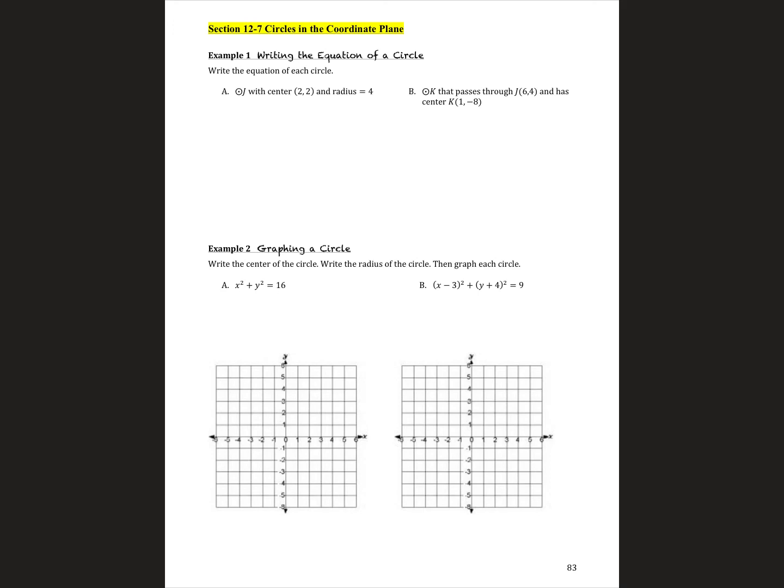Example 1a, you're going to have your ordered pair, your center, which is h comma k, and your radius, which is 4. So the equation of the circle, x minus 2 squared plus y minus 2 squared is equal to radius squared. And you actually have to square that radius to have it be simplified.